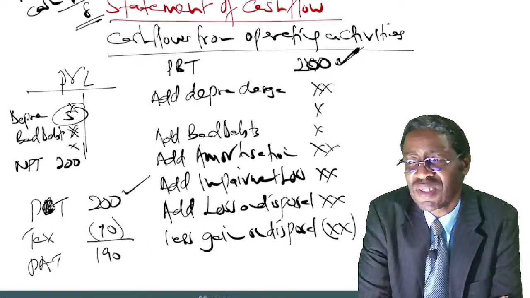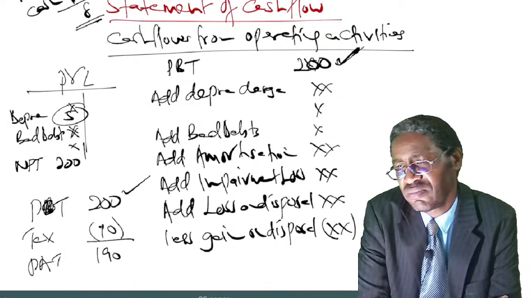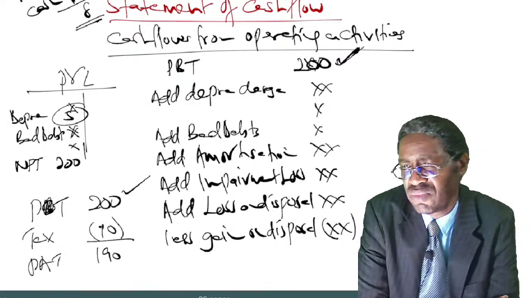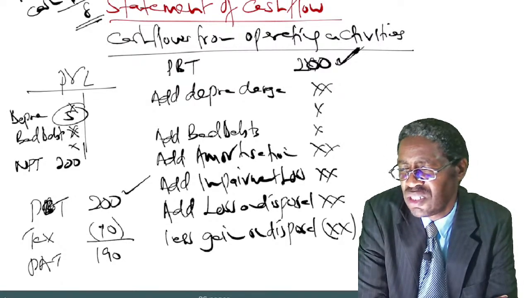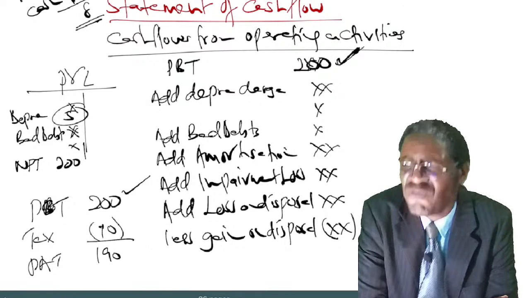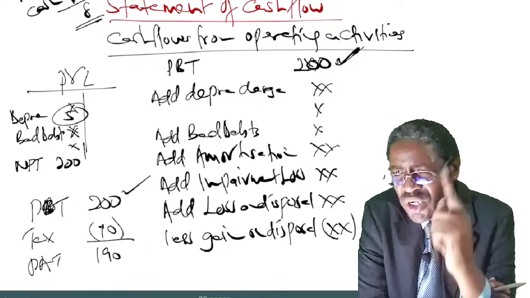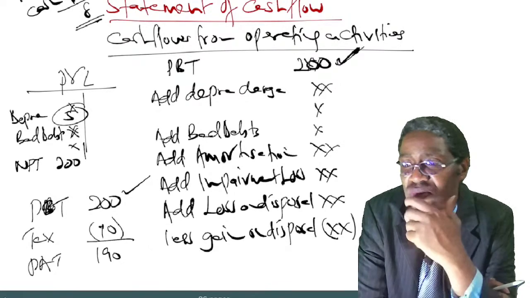Listen. There is one more non-cash item which you have not given me, but it will obviously be found in any question you have ever done or you will ever do.